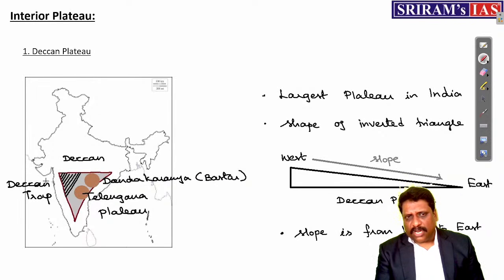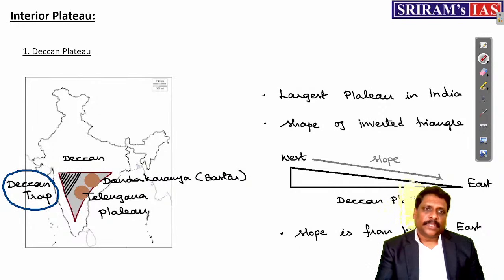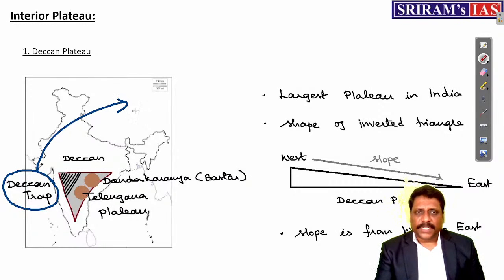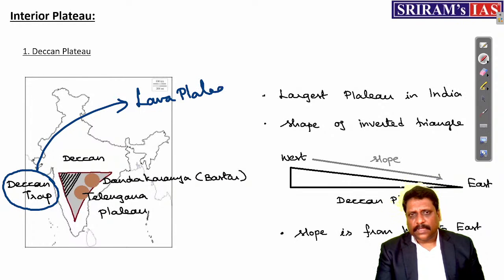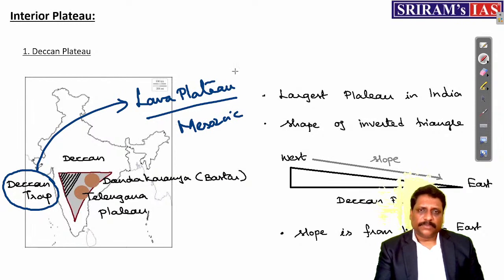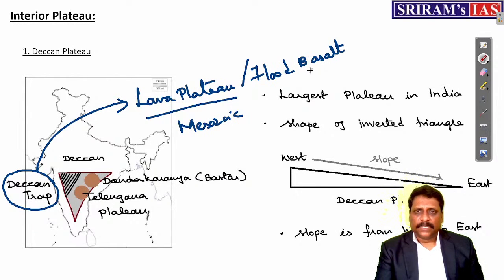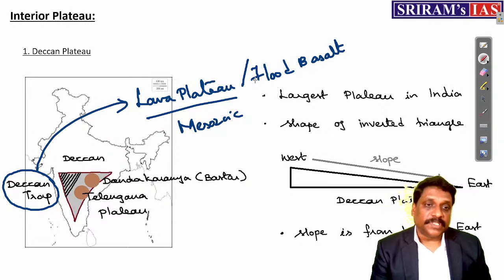And towards the northwestern part of this Deccan Plateau is where you have the Deccan Trap. I think we have already seen enough about the Deccan Trap. Deccan Trap is a lava plateau, my dear friends. It got formed during the Mesozoic era. Sometimes you call it a lava plateau, or simply flood basalt, or flood basaltic province.